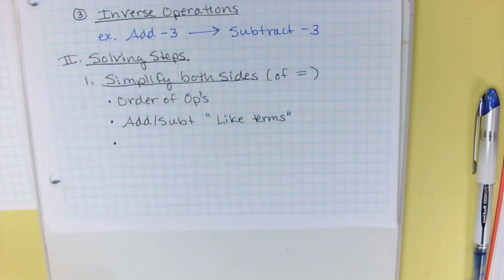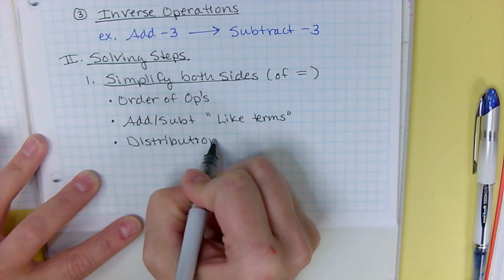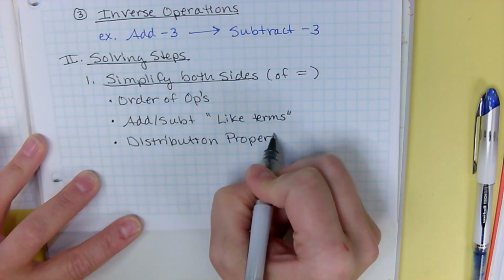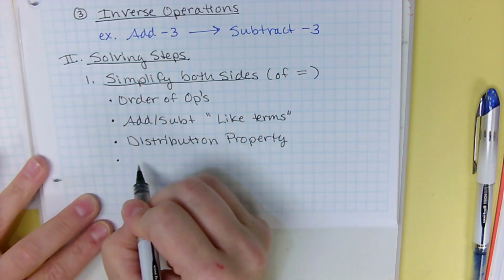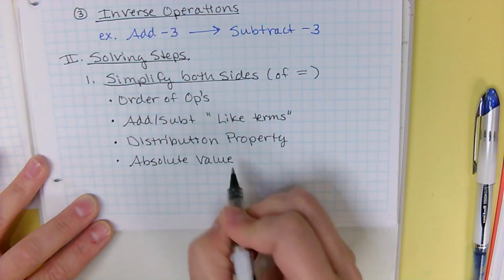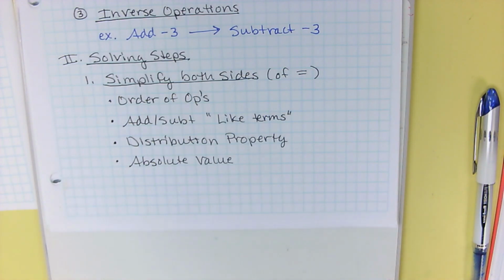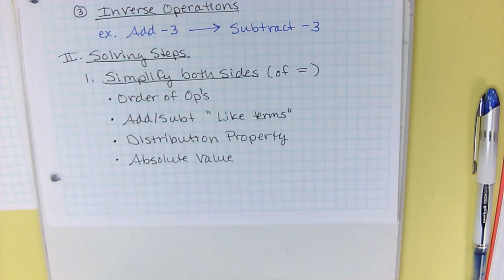We have been practicing distribution property, which also is a simplifying move. And last, we've been working with absolute value. So all those skills that we've been practicing for the past month are now going to get used in the very first part of solving. So that's the first step, is you simplify using any or all of those, the left and the right.